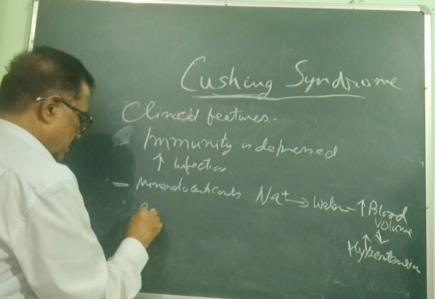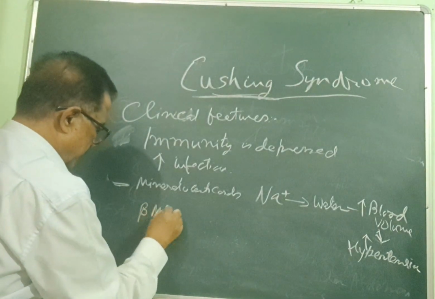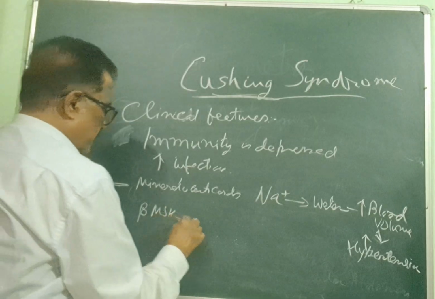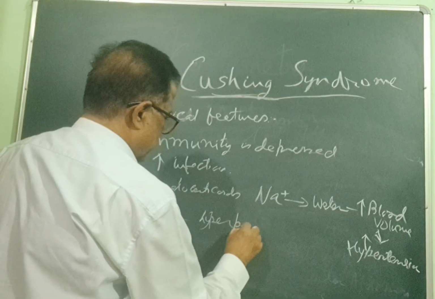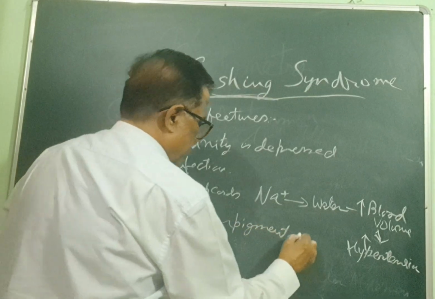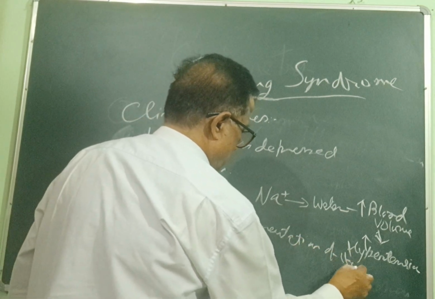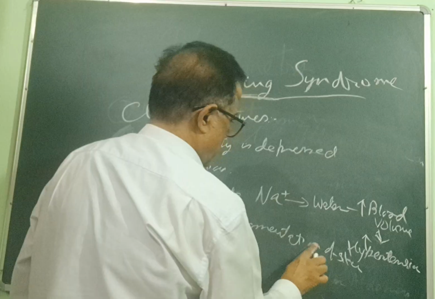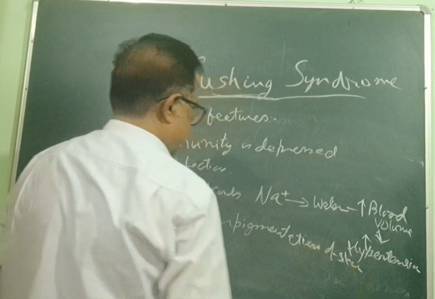Then it also acts as beta melanocyte hormone causing hyperpigmentation of skin.